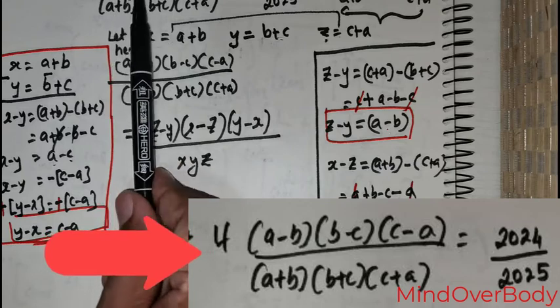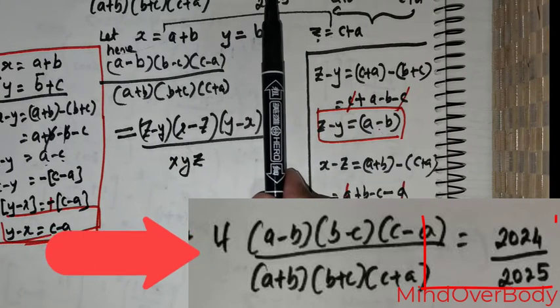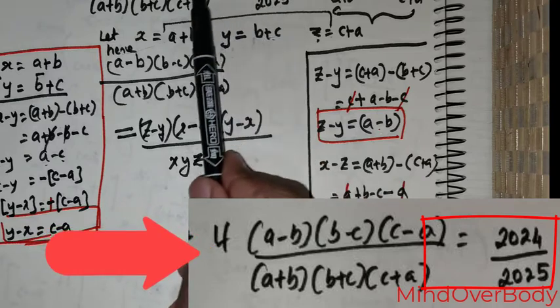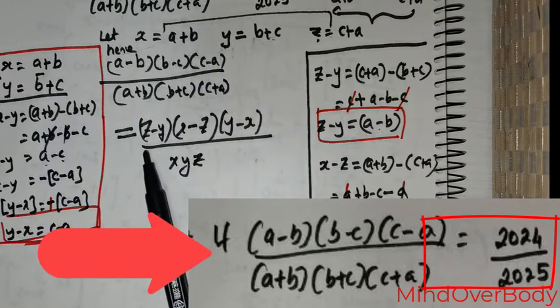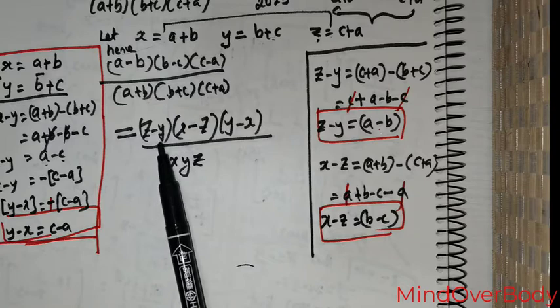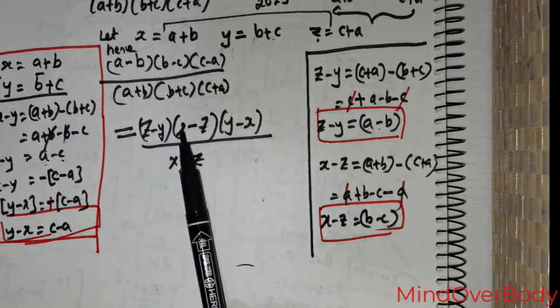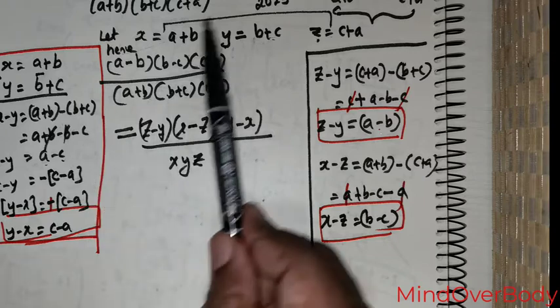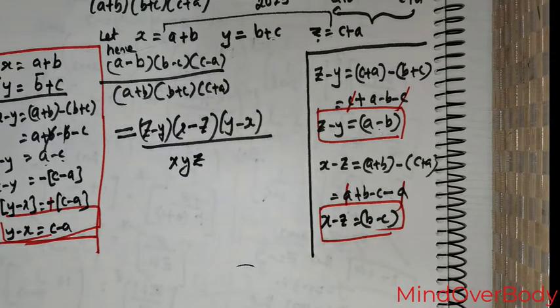We have taken this, which has a value of 2024 over 2025, and we have given it a new representation. Now, what is that representation? (Z − Y)(X − Z)(Y − X) divided by XYZ is equal to 2024 over 2025.